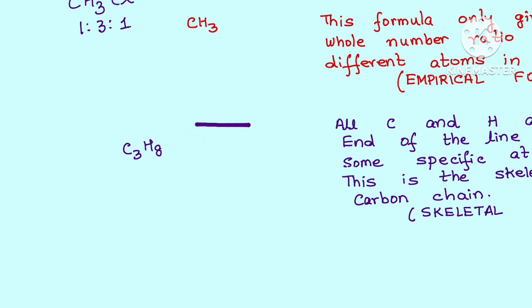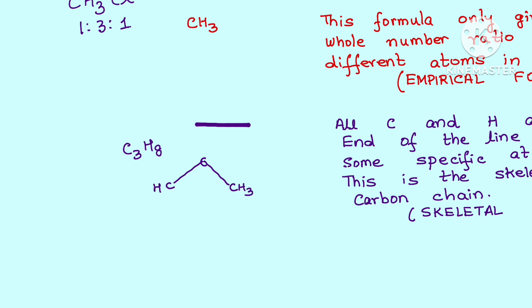So for example, as I said, C3H8. So there are 3 carbon atoms. Now if I have to show 1, 2, so that means there's a carbon here, there's a carbon here, there's a carbon here. But while drawing this particular structure, I don't want to show the carbon. So what we do is, we will draw this like here. This means that there is a carbon over here, there's a carbon at each of the vertex here, and a carbon here. And you have to satisfy the valencies of carbon.